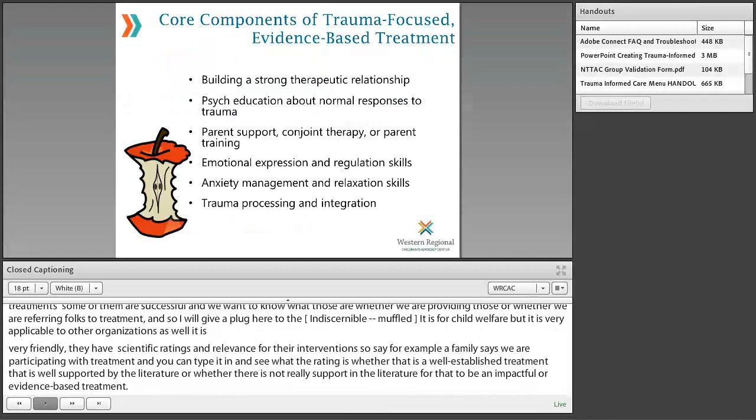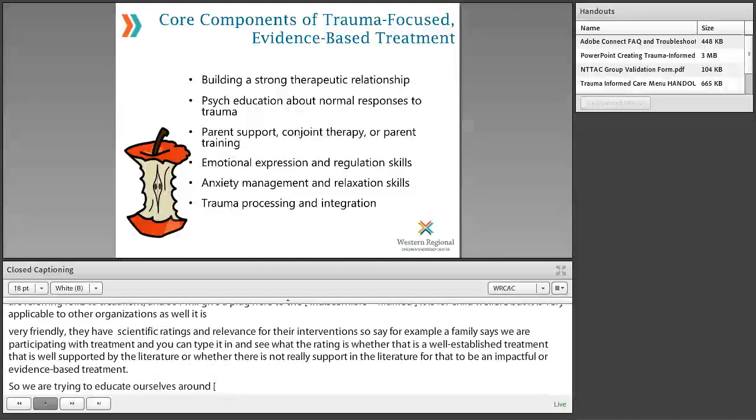Okay. I also wanted to highlight some of the core components of trauma-focused evidence-based treatments. They have a strong therapeutic relationship. There's psychoeducation about trauma. Parents are always involved. There's conjoint therapy. And the work that the kiddo and the family are doing is around emotional expression, maybe anxiety management, and most importantly, that they're talking about and processing that trauma.